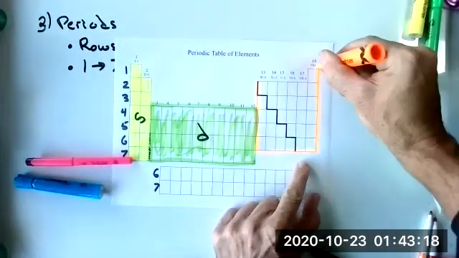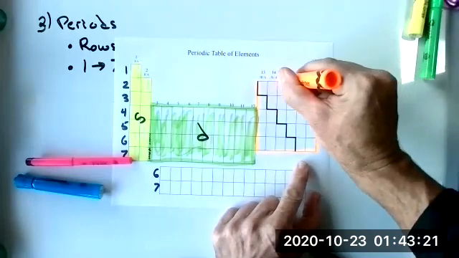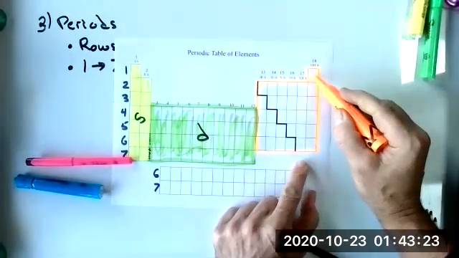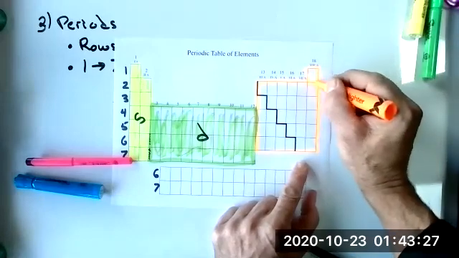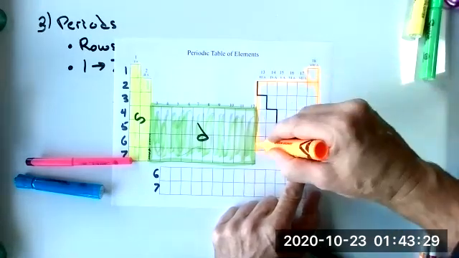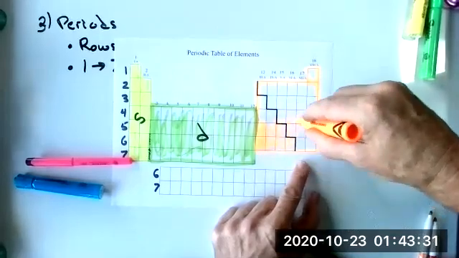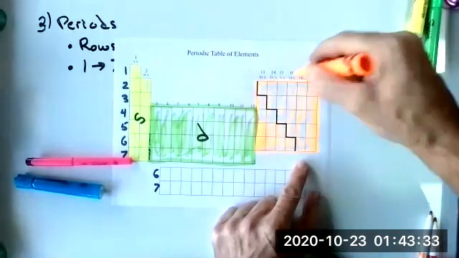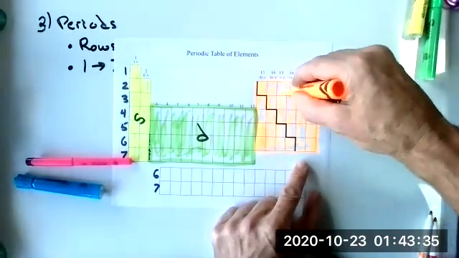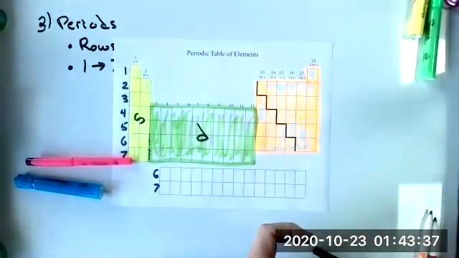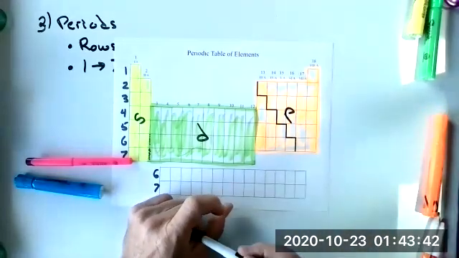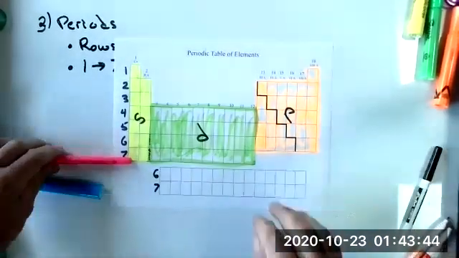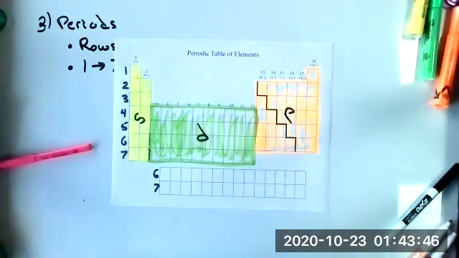This part of your table, sublevel wise, except helium. Maybe I should not. I probably should have done this. Helium is an oddball. This part of the table, except helium, is actually filling and using the P sublevel. And you probably know what's going on in the bottom.